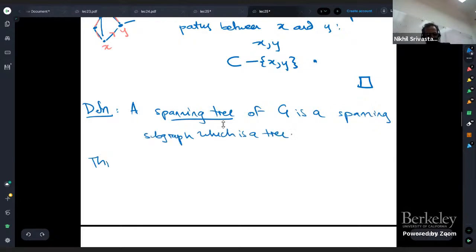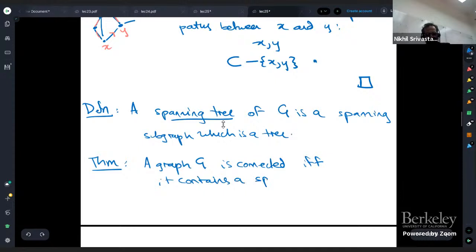And here's a theorem that we'll prove: a graph G is connected if and only if it contains a spanning tree. So this is connecting two different concepts. Connected is something about every pair having a path.